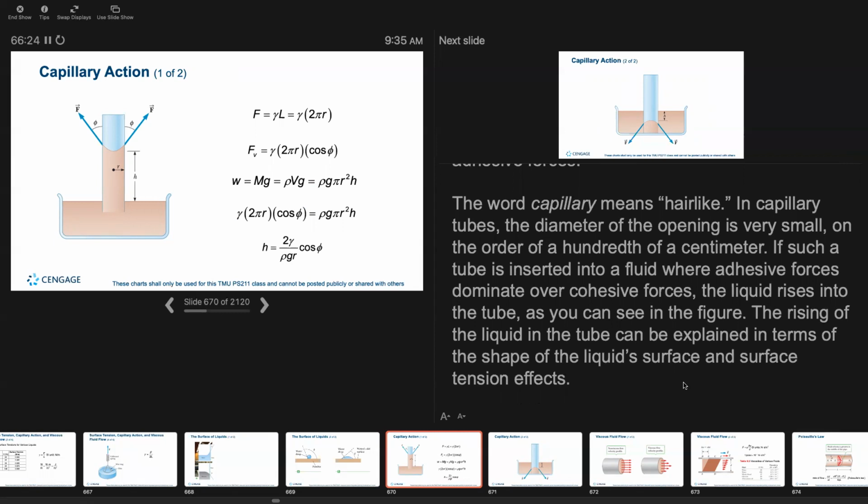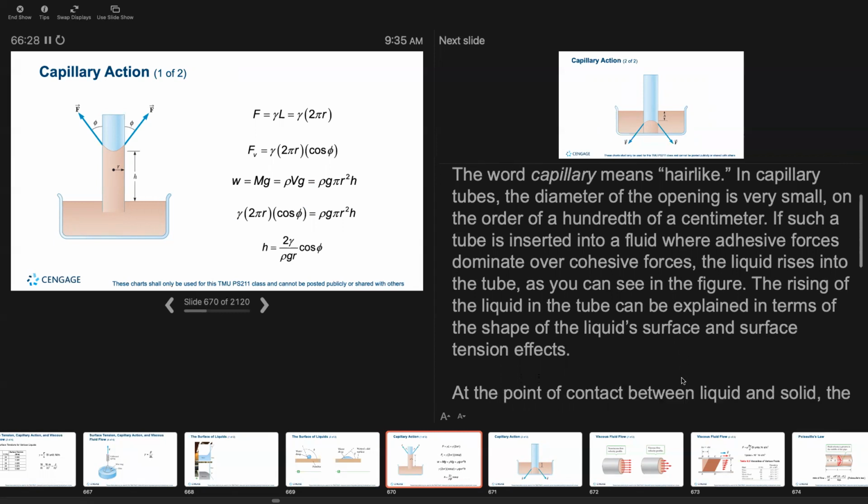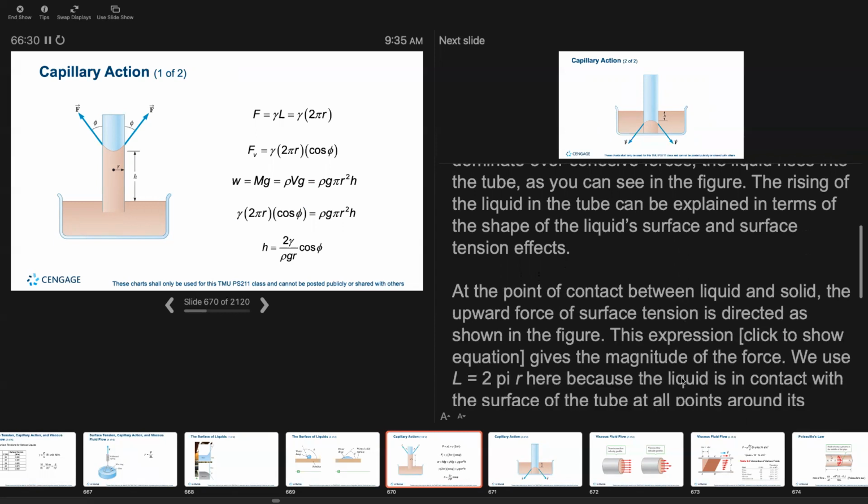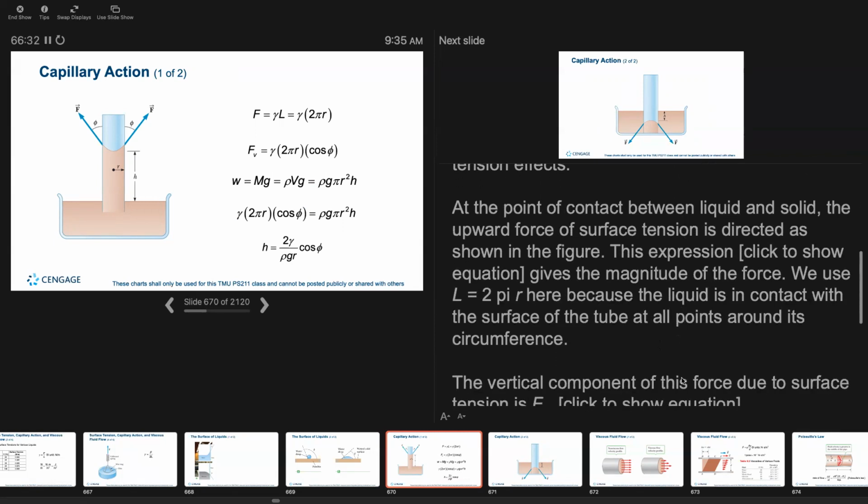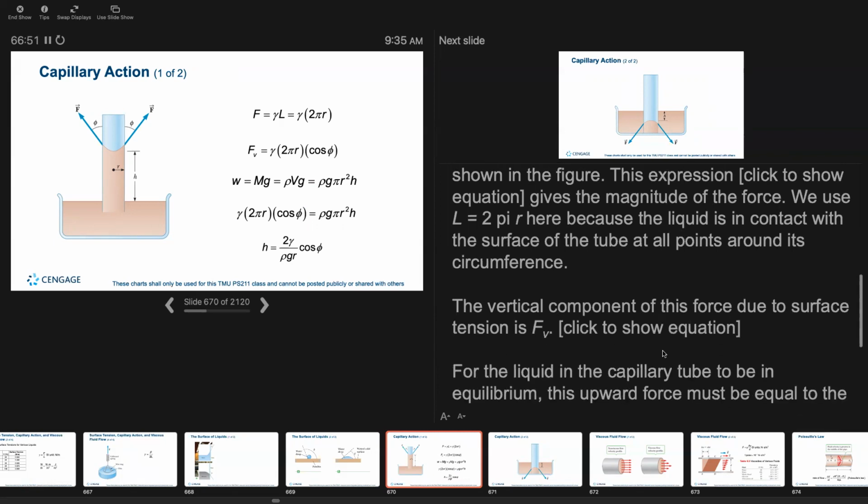The rising of the liquid in the tube can be explained in terms of the shape of the liquid surface and the surface tension effect. At the point of contact between the liquid and the solid, the upward force of surface tension is directed as shown in the figure. The expression gives the magnitude of the force. We use L equals 2 pi r here because the liquid is in contact with the surface of the tube at points around its circumference.